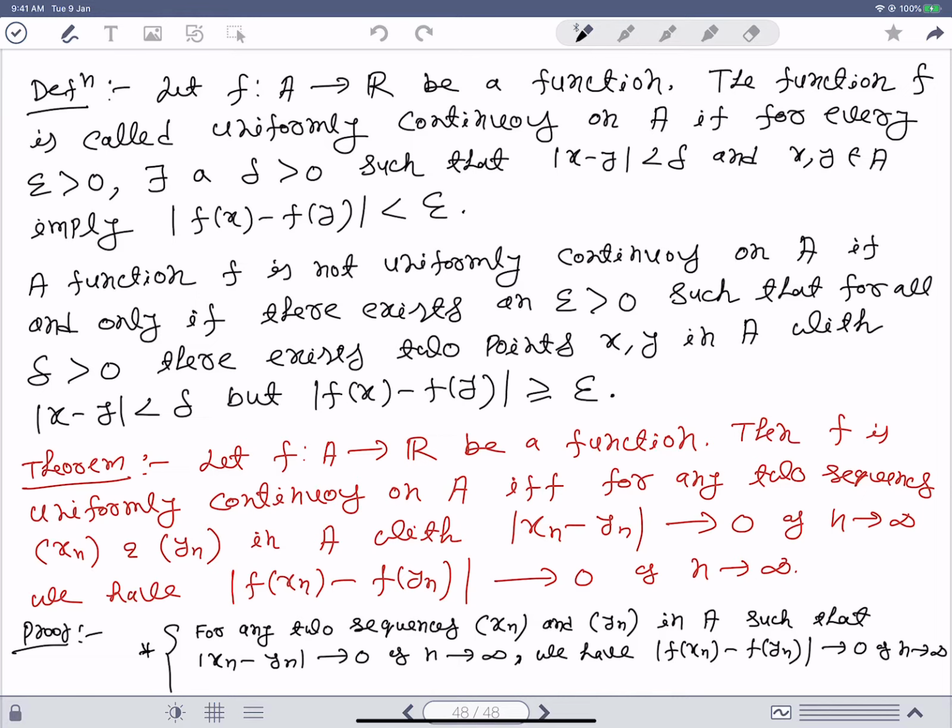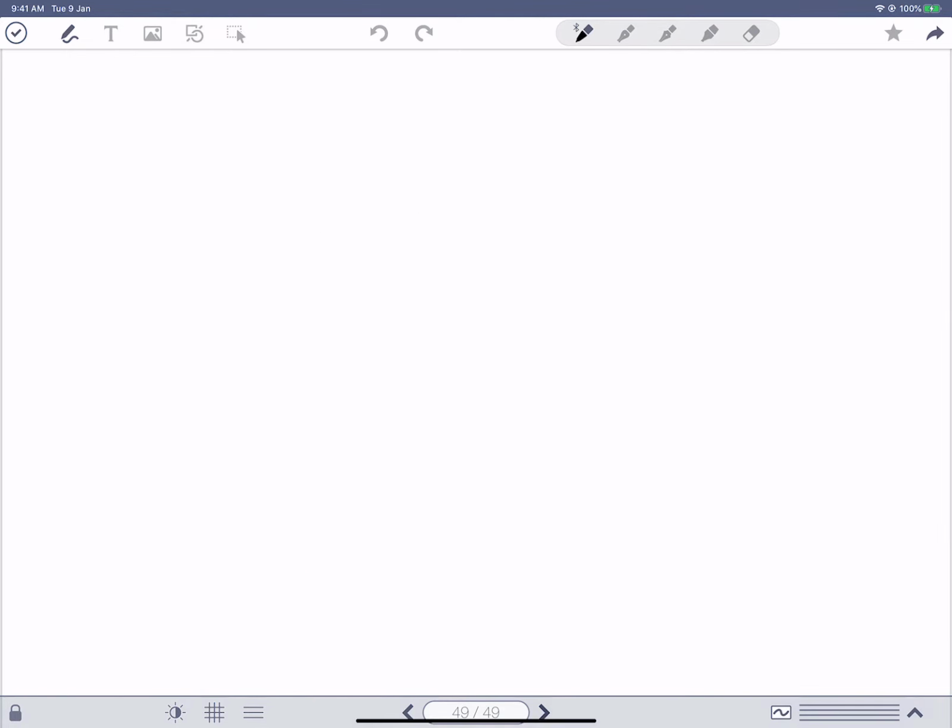That means we have to prove that f is uniformly continuous if and only if the condition star holds. Okay. Now we assume that, if possible, the condition star does not hold.